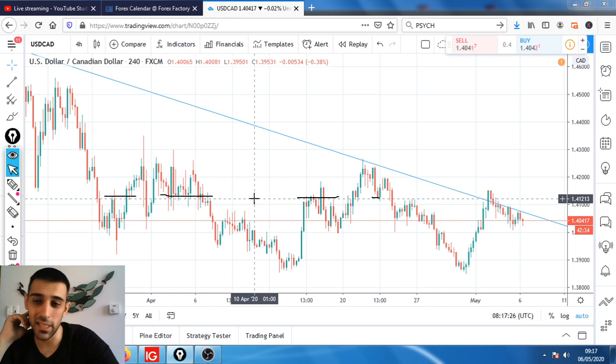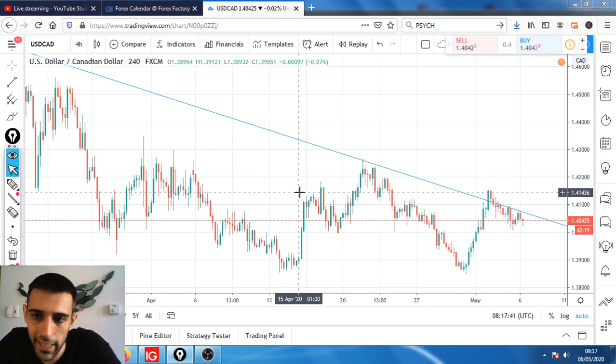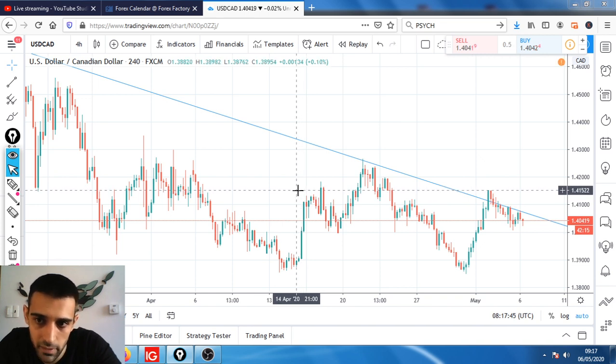141.20. So that gives us, if we take it at 140.55, 65 pips. Again, we take the 30 risk, so we're looking at just over 1 to 2 risk reward. In my case, I will be holding my positions a bit further up, because it has to meet my 1 to 3 risk reward.